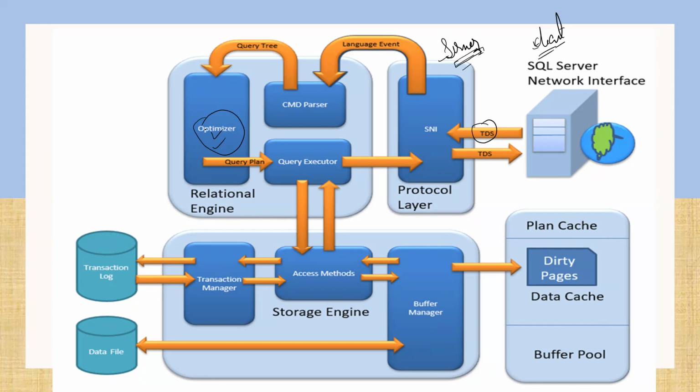If it is a simple query, then it is directly going to run that query. If it is an OLTP transaction query, then it is going to focus more on execution speed rather than exhaustive analysis. But if it is a complex query, then it will search for the best execution plan, and after that it will process, right?